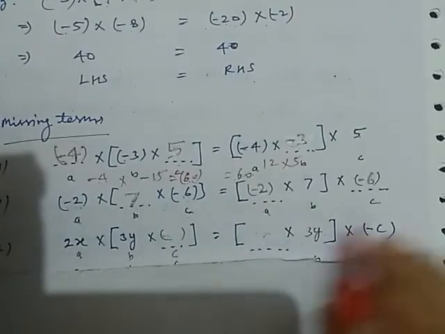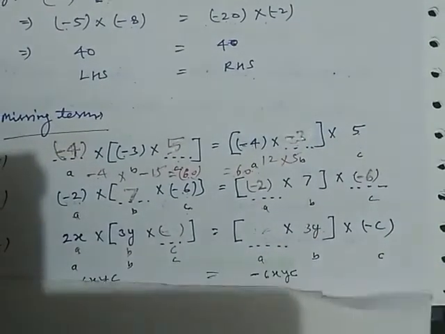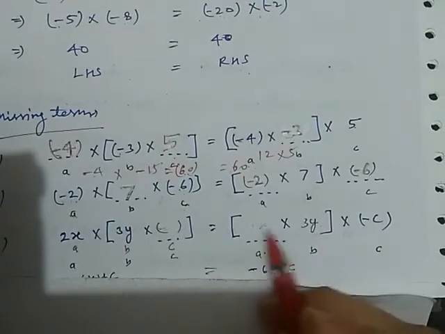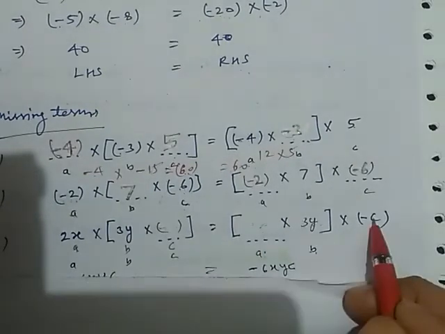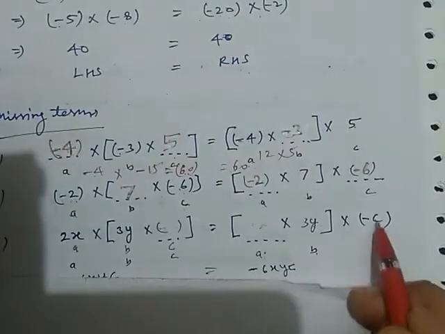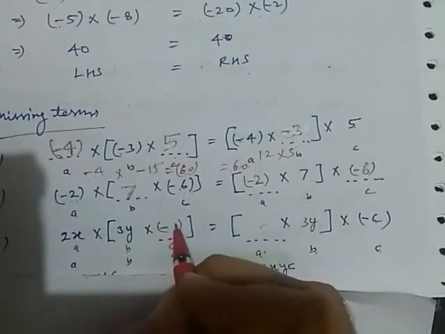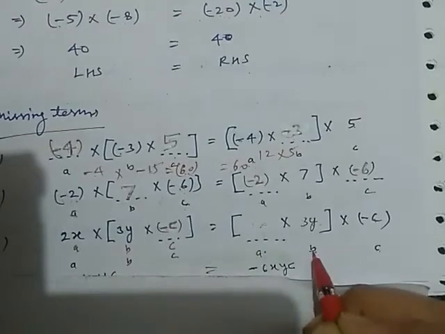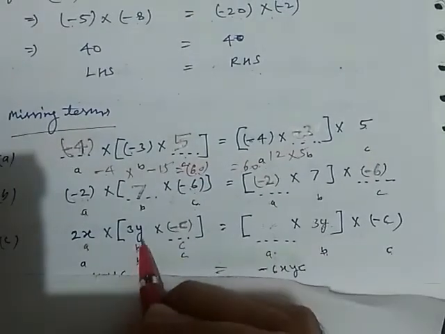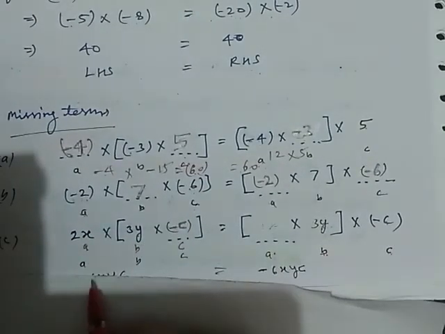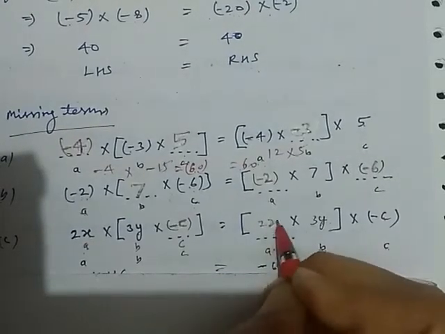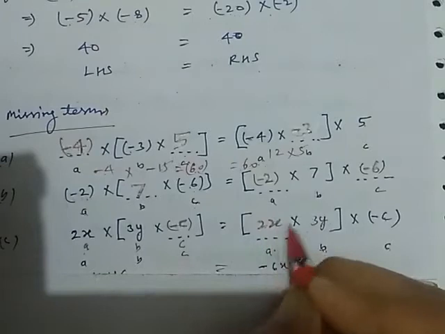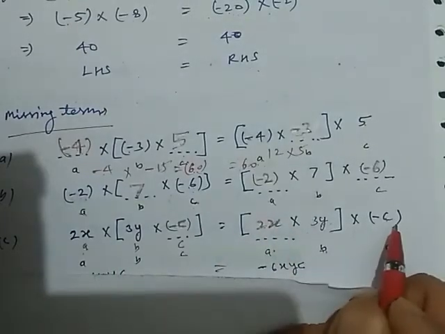This is C. Now here A is blank, B is 3y, and C is minus C. So put here minus C. Here B is 3y and B is 3y. Now A is 2x, so put 2x here. By this way we put missing terms.